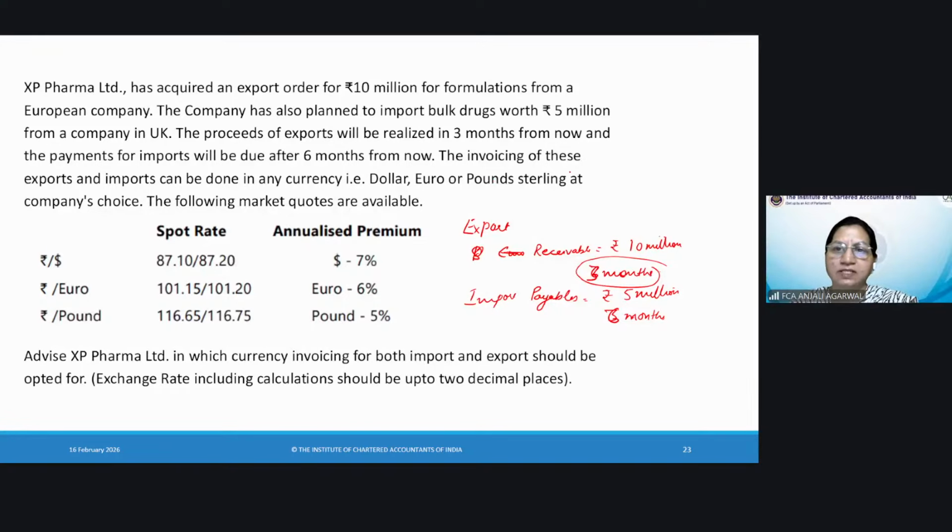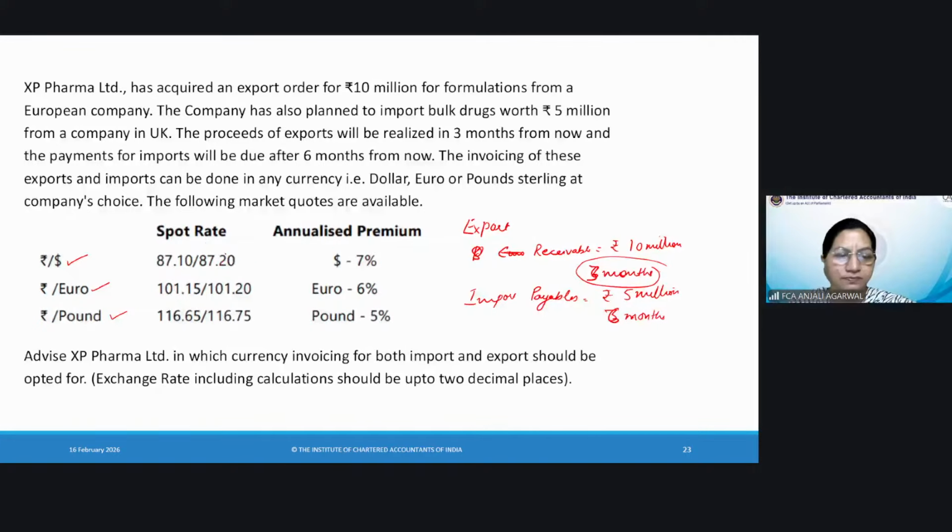The question is, in which currency will you invoice? Will you invoice it in dollars, euro, or pound? So you will see what is the spot rate. Now, if you have 10 million rupees to be received, and if you will invoice it in dollars, the current prevailing spot rate is 87.10 and 87.20.